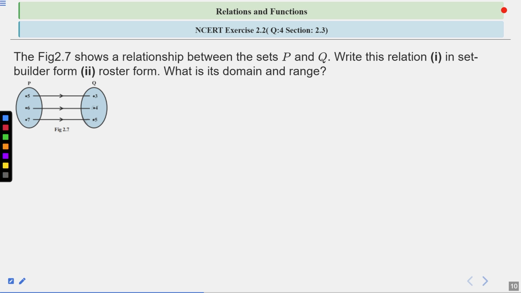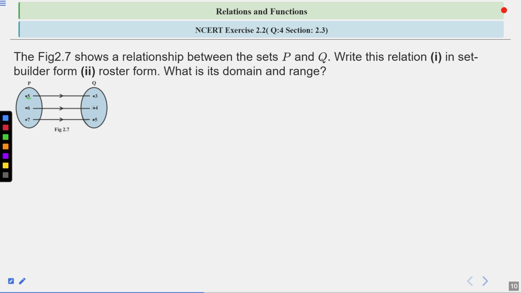Now this question. In this figure, we are given some relationship between set P and set Q. By looking at this arrow diagram, what we can say is simply that 5 is associated with 3, 6 is associated with 4, and 7 is associated with 5.